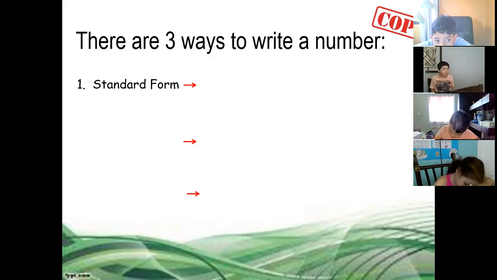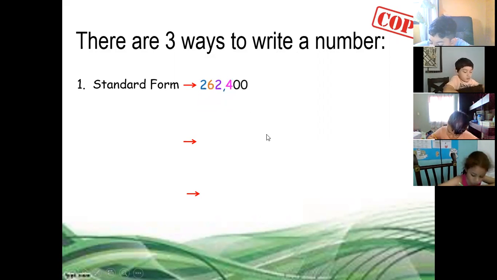Gabriel, copy please. Standard form is the way we write the number. See, 2,262,400. That number is written in standard form.